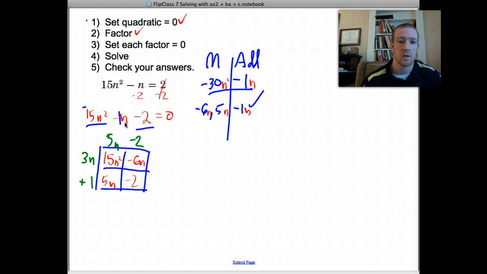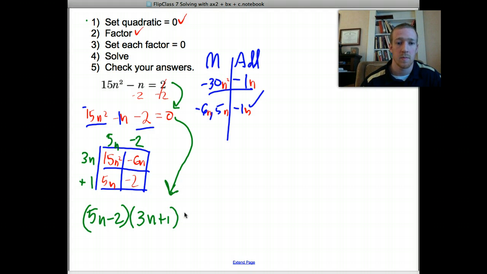So that gives us this, which is equal to this, is equal to this. 5n minus 2 times 3n plus 1 equals 0. Don't forget equals 0, because we're solving this. We're not just factoring it. Factoring is just this one middle step, right? But we got to actually completely solve it.